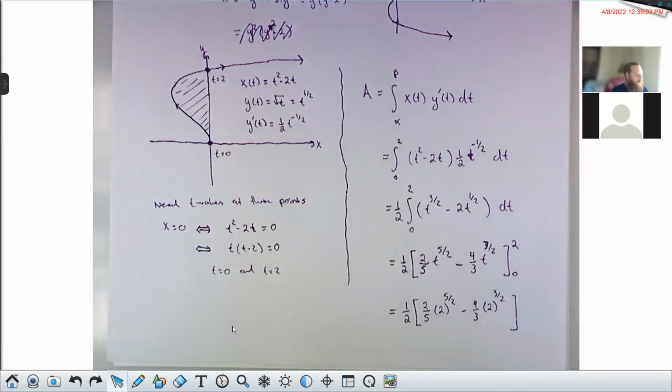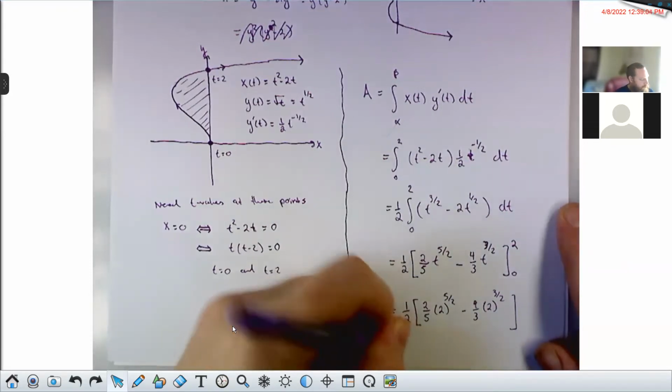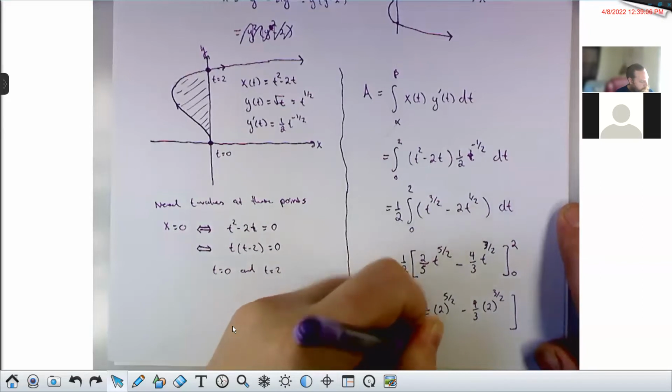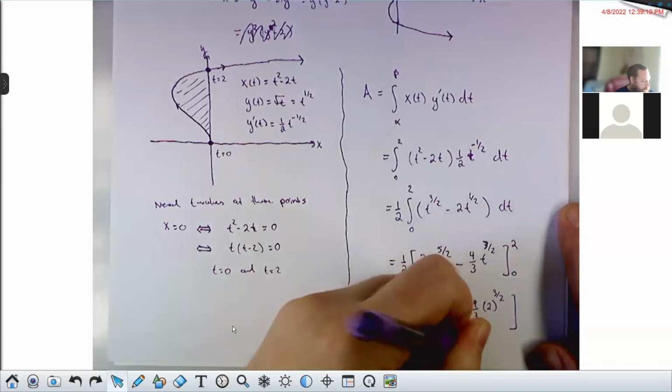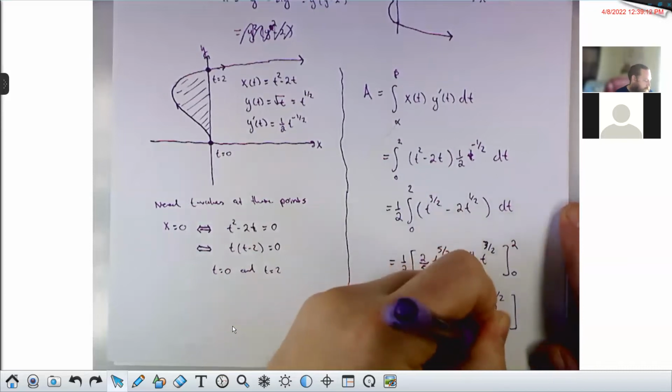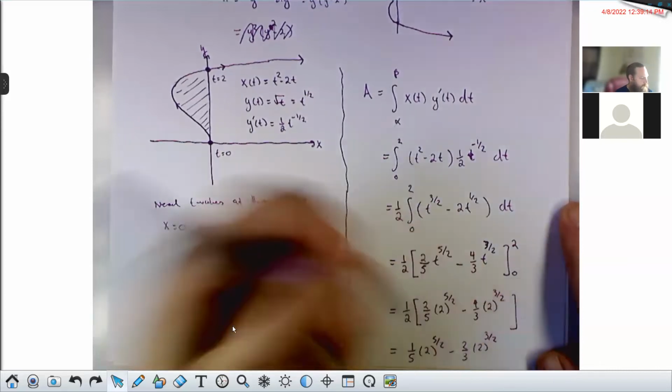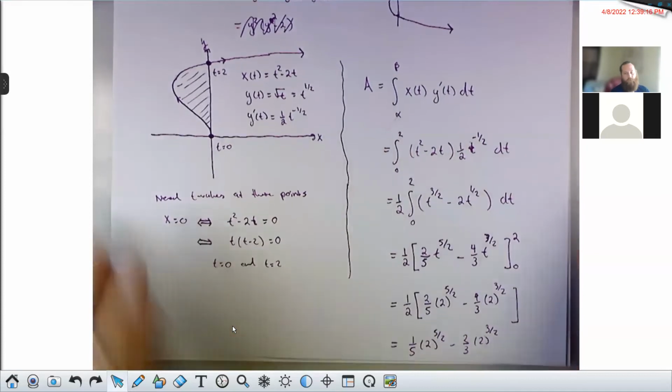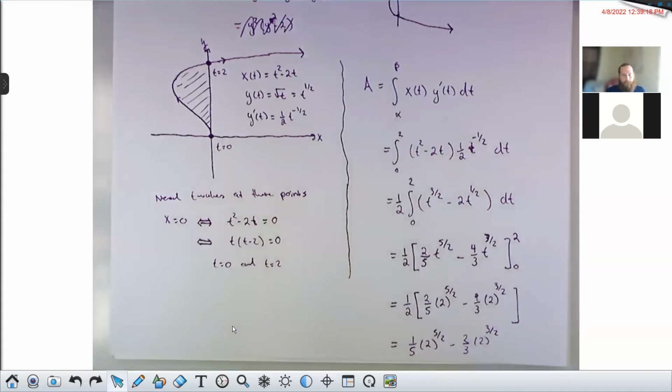You can distribute your 1/2 if you want. So you get 1/5 times 2 to the 5/2 minus 2/3 times 2 to the 3/2. There's more you could do with this, but this would be an acceptable answer. You could stop here.